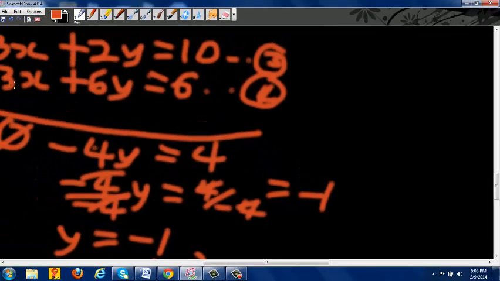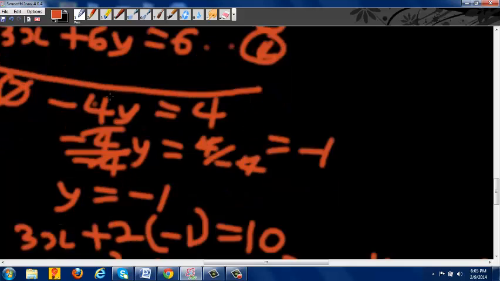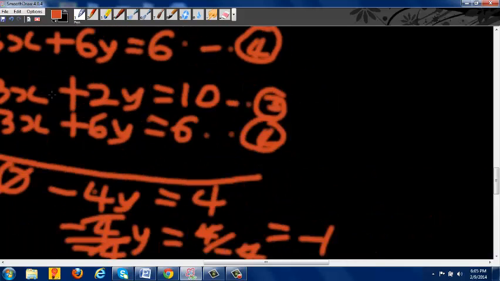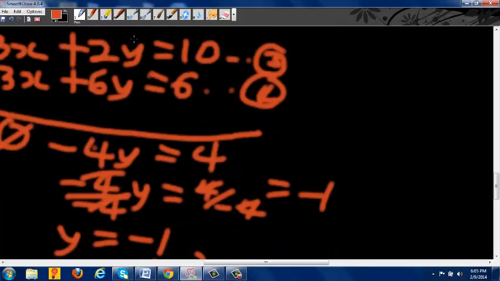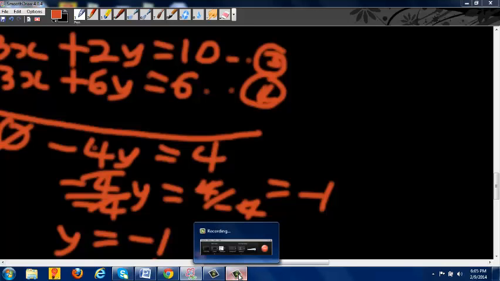How do I mean? 3 into bracket 4 plus 2 into bracket minus 1 will still give us 10, because 3 times 4 will give us 12 in equation 3, and 2 times minus 1 will give us minus 2. So 12 minus 2 will still give us 10. So that means our answer is actually correct.